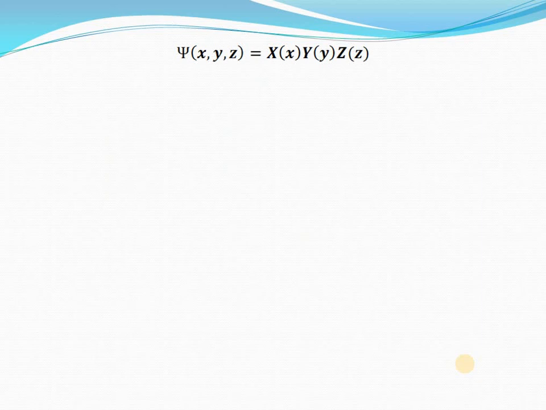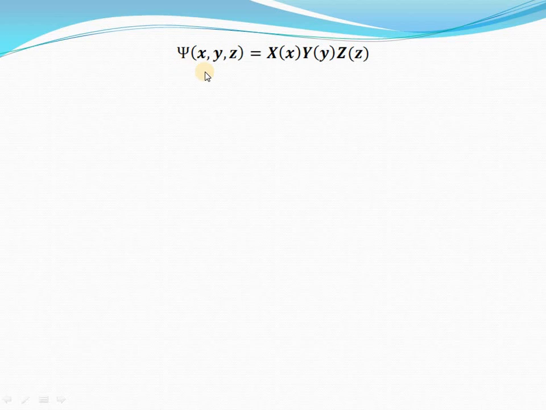Now we can apply the separation of variables to write psi, which is a function of x, y, z, as three separate wave functions along the x, y and z directions. You can see that psi, a function of x, y, z, is basically a product of three wave functions, and each of them is a wave function of a one-dimensional system along the x, y and z direction.